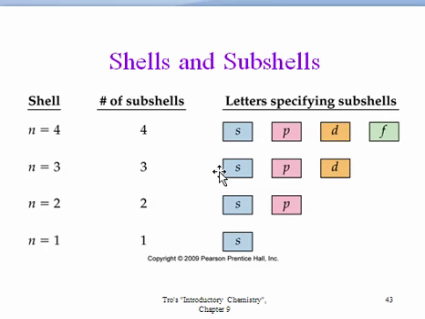In the third energy level, the 3S subshell has less energy than the 3P, and the 3P has less energy than the 3D. And then in the fourth energy level, the 4S has less energy than the 4P, which has less energy than the 4D, and the 4D has less energy than the 4F.